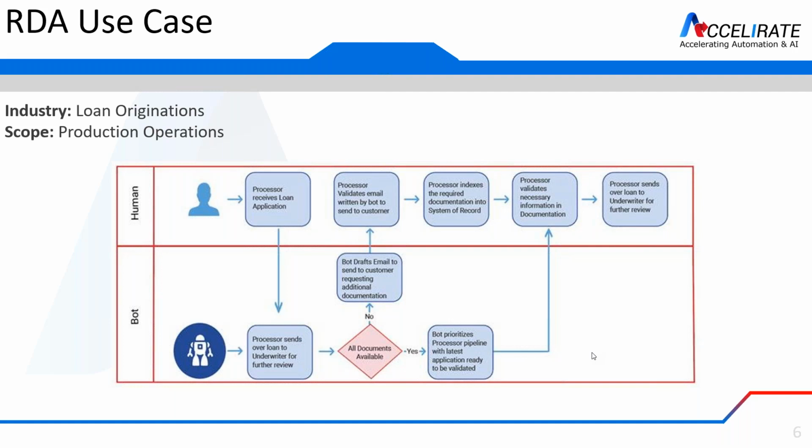It's something where the scope in terms of value is very wide, because every processor more or less is going to fall into one of those situations where not all documentation was ready and we needed to reach out for that documentation. So by providing that simple validation, we were able to save a couple of minutes per person per loan.